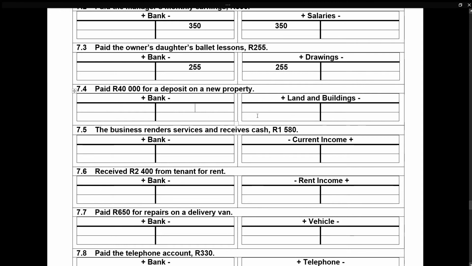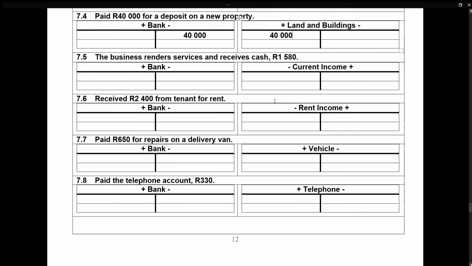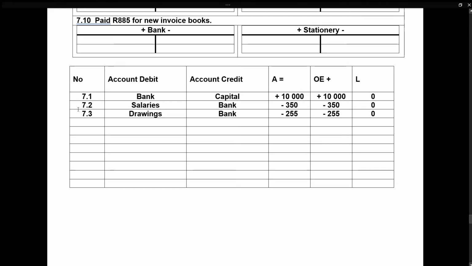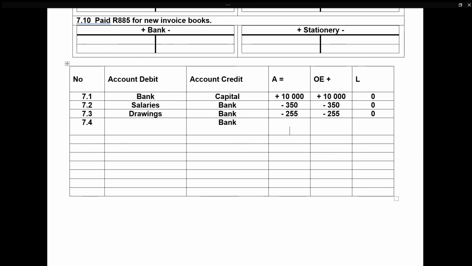So our bank account will decrease because we are taking money out of our bank account to purchase more property. So land and buildings will increase. We're basically swapping one asset for another asset. Let's go and fill it into our accounting equation. Right, so 7.4. We are paying money, so bank will be credited, and therefore the influence on the accounting equation will be negative on assets, and land and buildings will be my debit.